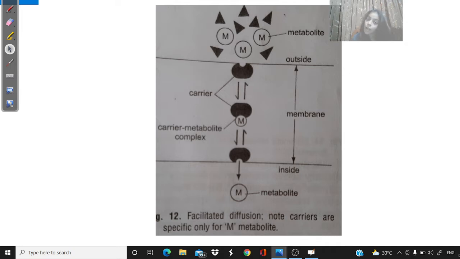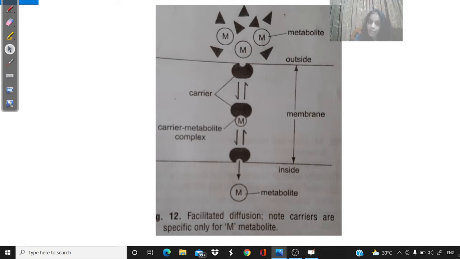Okay? Either it can be an end product or it can be a substance which will help in synthesis of new substances.